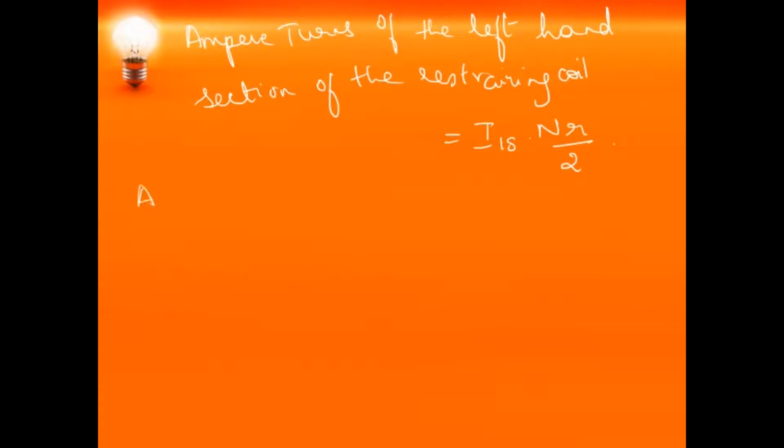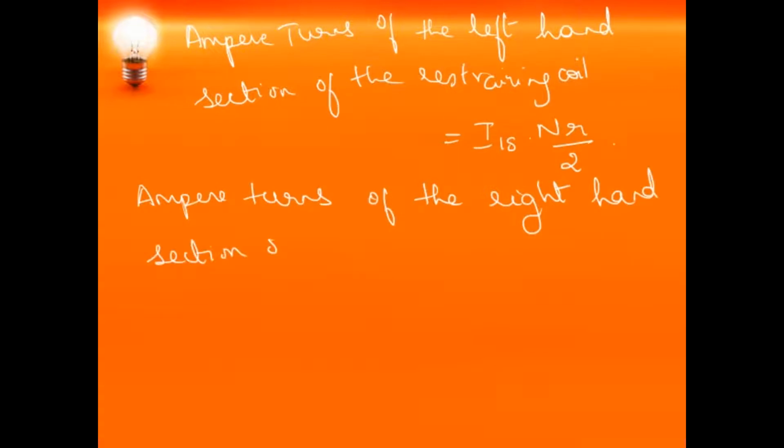Similarly, the ampere turns of the right hand section of the restraining coil we can write as I2S into NR by 2.